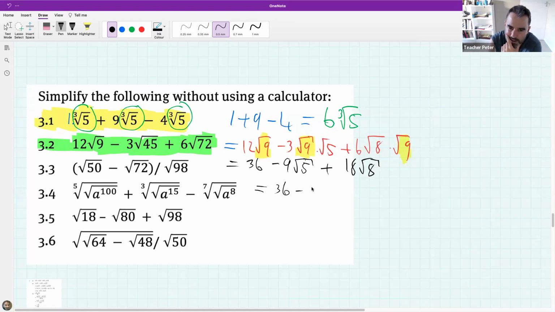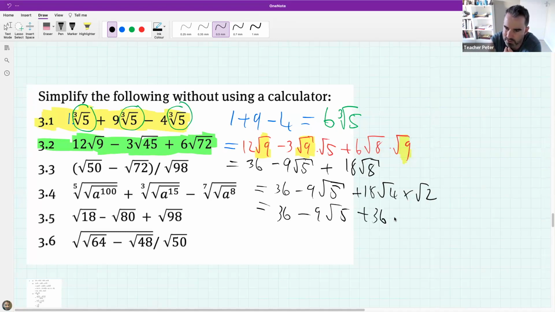But then it's actually not a very nice one because root 8 can be written as square root 4 times square root 2. And the square root of 4 is 2. So that's going to be 36 minus 9 root 5 plus 36 times root 2.